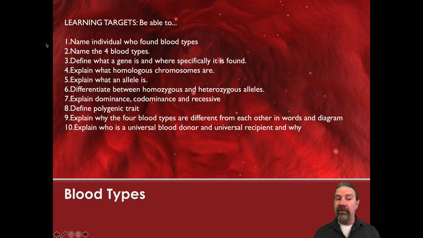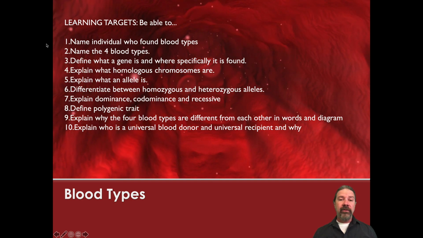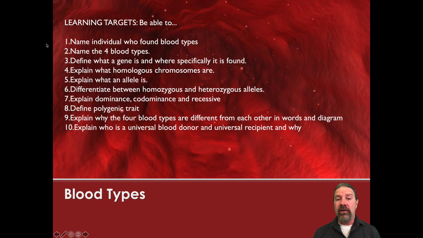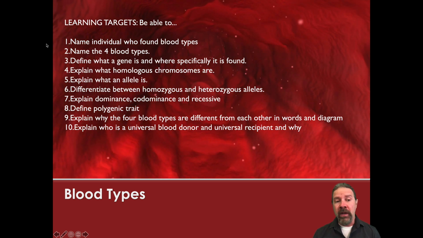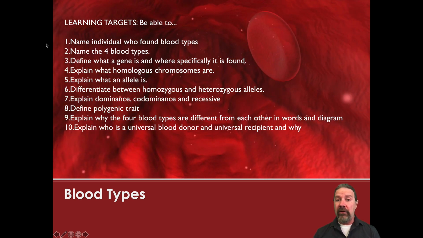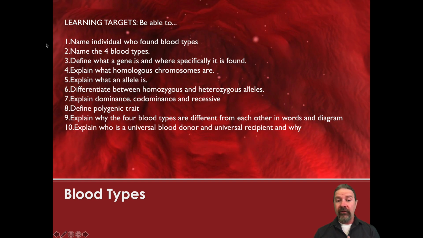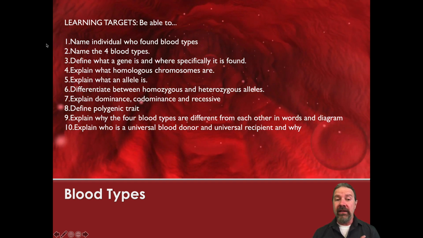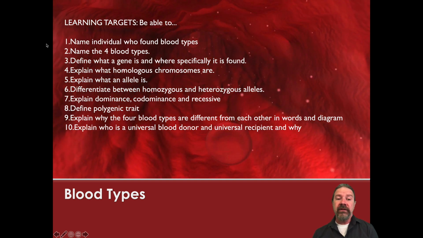So we've reached the end of this lecture. Hopefully you're able to reflect back on your learning targets and see if those ideas are there and if you can explain them. So who was the individual that founded the 4 blood types? What are the 4 blood types? What is a gene? Where do we find it? What are homologous chromosomes? What is an allele?